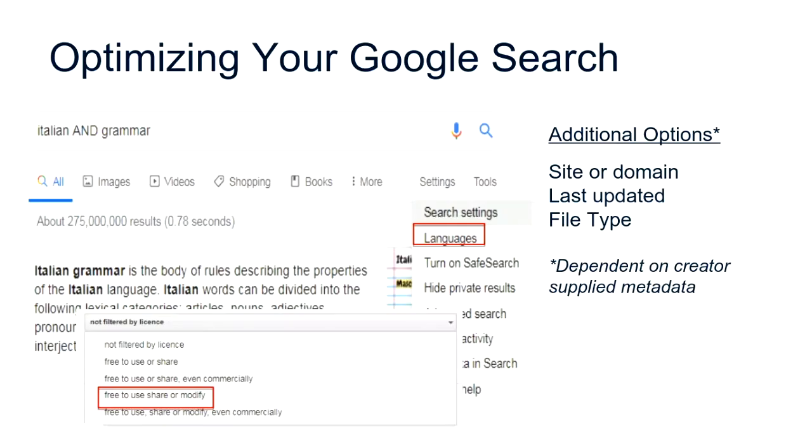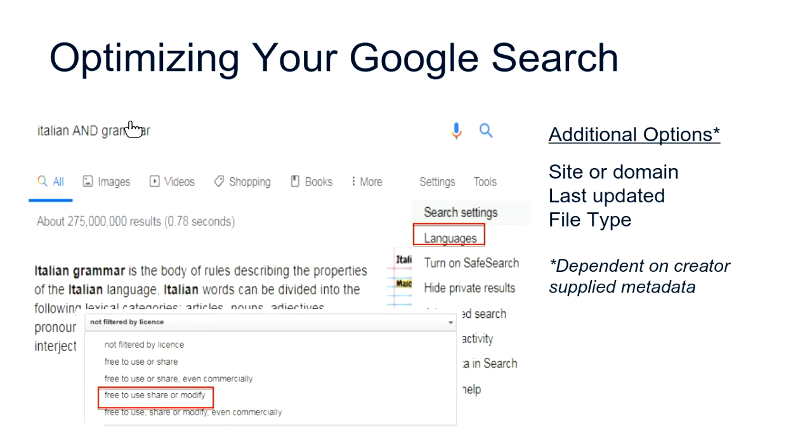The last thing I do want to mention before I pass it back to Will is optimizing your Google search. We are all going to be using Google to do searching. It's just kind of ubiquitous at this point. But you can actually search Google a little bit more narrowly and limit down by license type. When you do a Google search, for example, here on the screen, I'm searching for Italian and grammar.